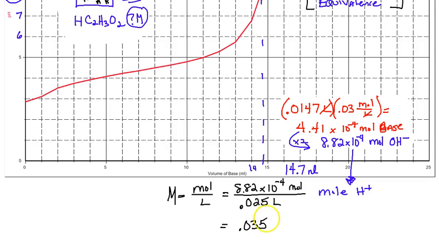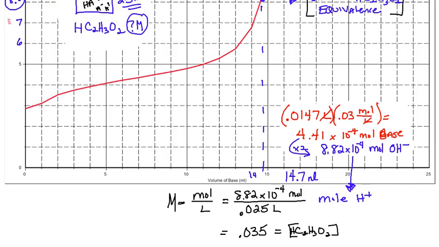We'll stop there for 2 sig figs based on the limiting factor, which is the 2 sig figs in the volume. Okay? And that's equal to the concentration of the what? The acid, okay? This is the HC2H3O2, the acetic acid concentration. And that's one of the things you need to define, okay?